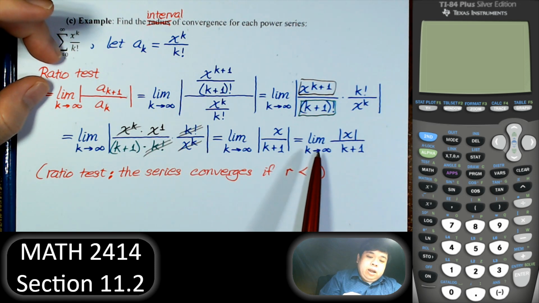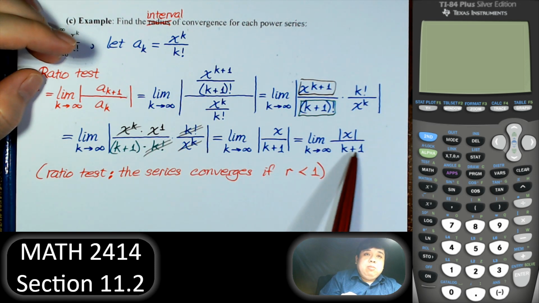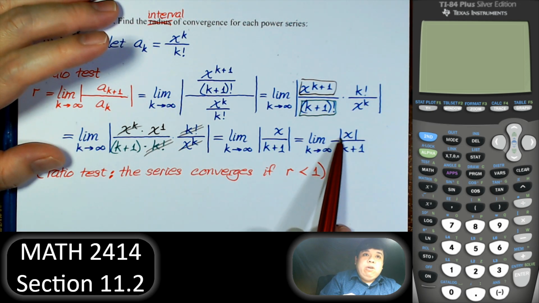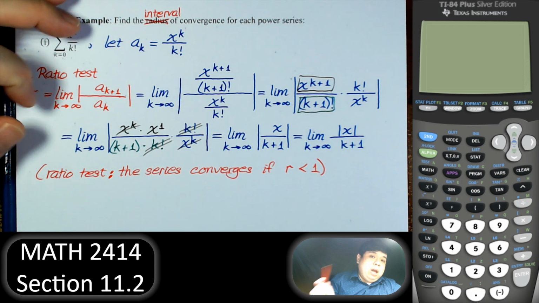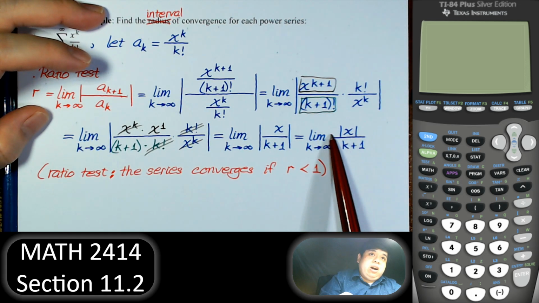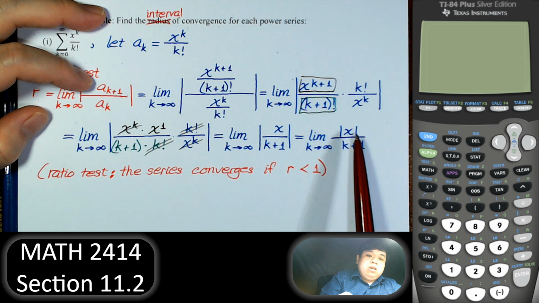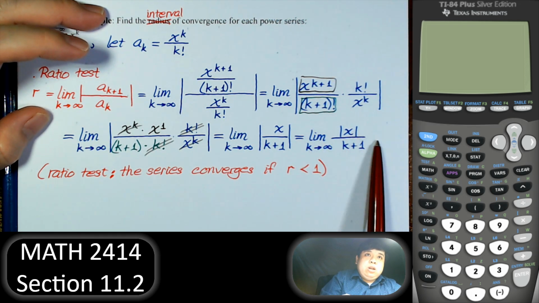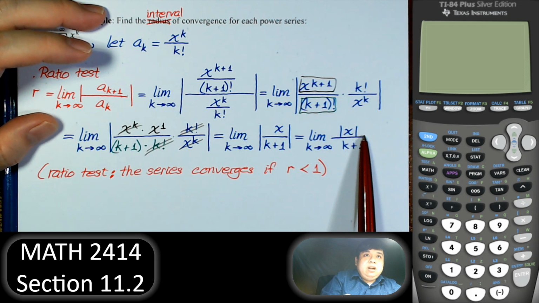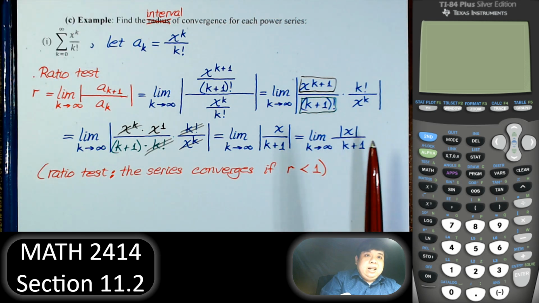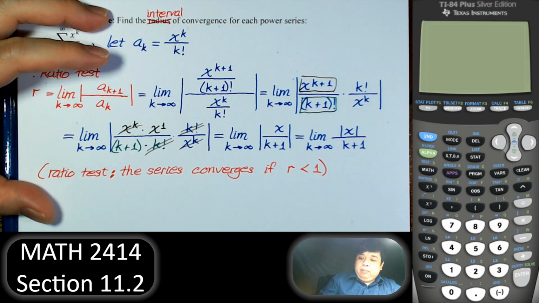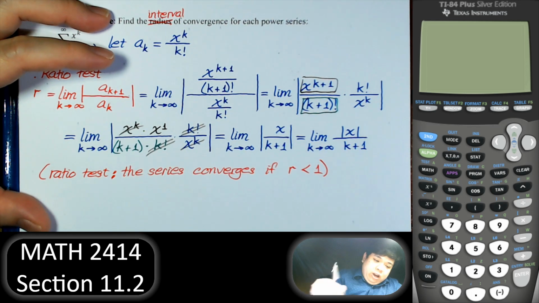Notice that when k goes to infinity, k plus 1 goes to infinity. Unless we have infinity over infinity, in which case we don't know. As long as the absolute value of x is a finite number divided by infinity, it is equal to 0. So this one is equal to 0 if x is finite, and indeterminate if x is equal to infinity. So for that one, we have two scenarios here.